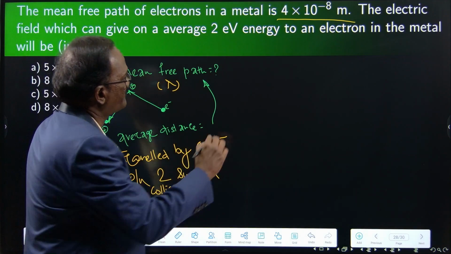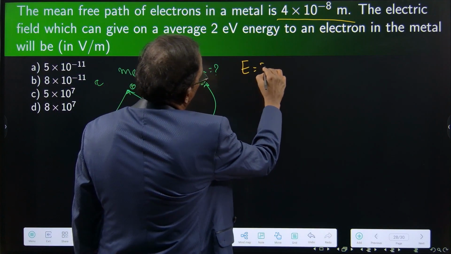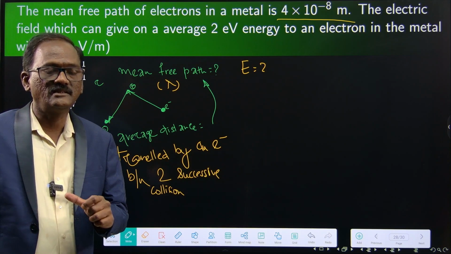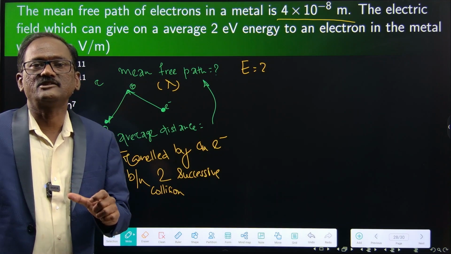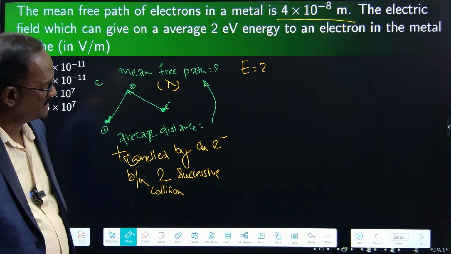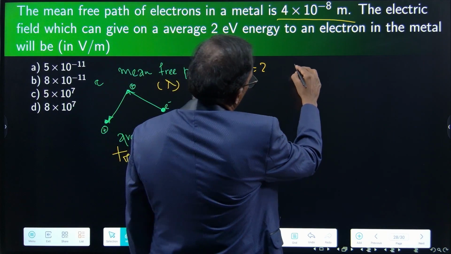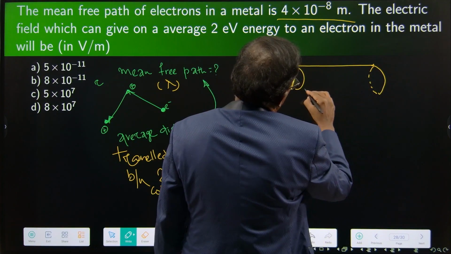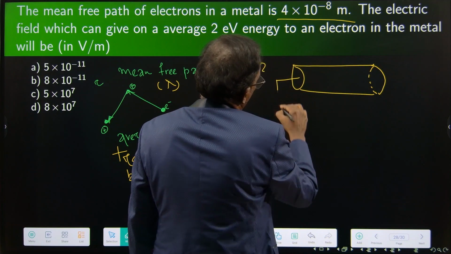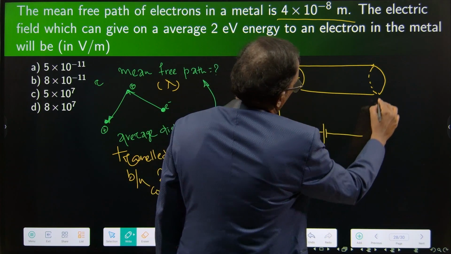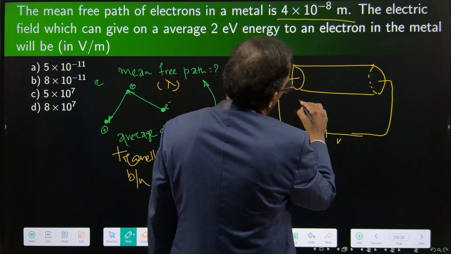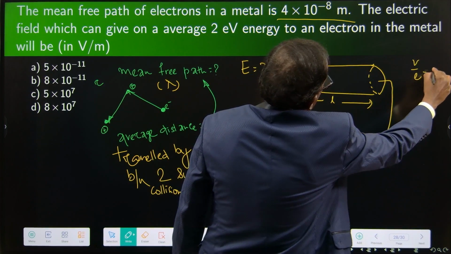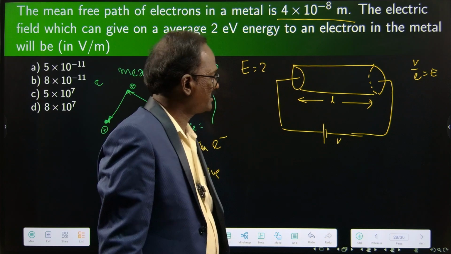The electric field value we have to find. The electric field is giving energy to an electron. Will an electric field give energy to an electron? Yes. Let us see it. This is our conductor. Voltage we are giving, length L. V by L is voltage per meter.